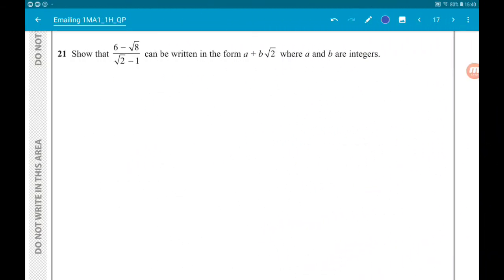Okay, number 21, we have some fun with surds, so I have a massive playlist on these, check it out. So we want to show that 6 minus root 8 over root 2 minus 1 can be written in the form a add b root 2, where a and b are integers. Okay, so what we're doing is rationalising the denominator.